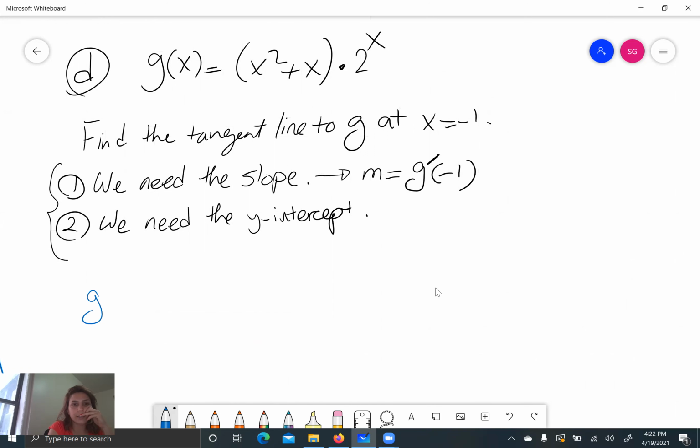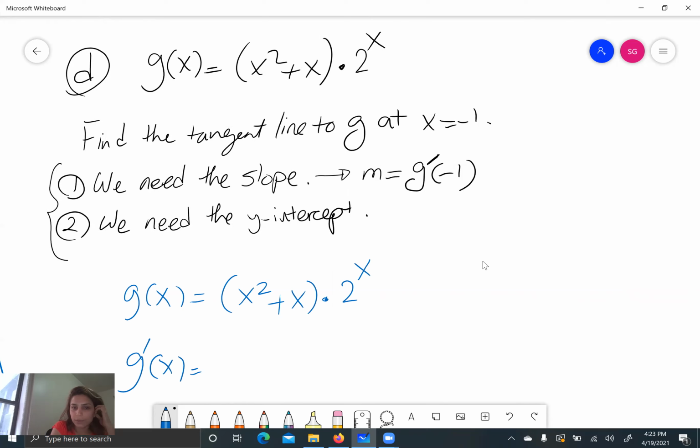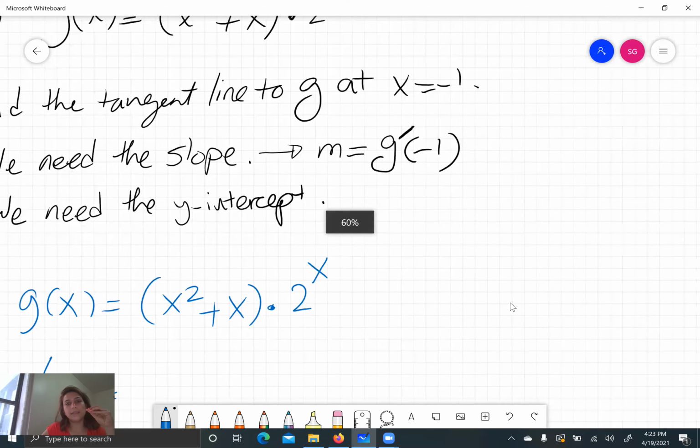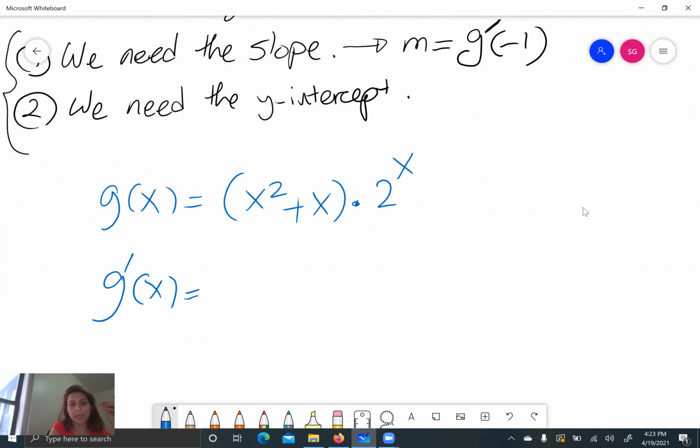So first, let's calculate g prime of x. We need the derivative of this function. To do that, first we need to identify the format of this function. Pay attention that this is a sum of power functions times an exponential function.